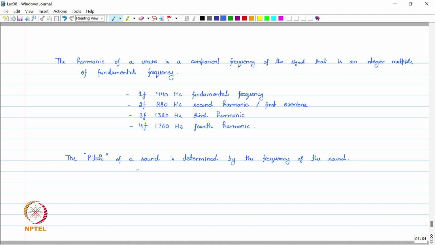For example, a low pitch sound is like thunder or gunshots. Medium pitch is, for example, a telephone bell.